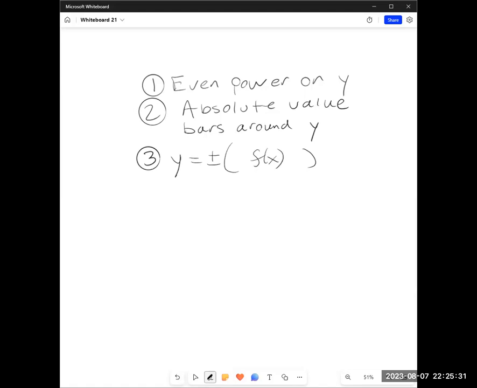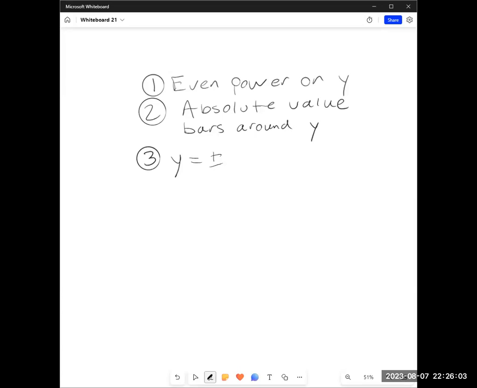So for example, y equals plus or minus the square root of something that's got an x and constants in here, or anything where I could get two y values for the same x value. It could be a piecewise defined function that does that too, but usually it's a plus or minus like this, usually plus or minus a square root.